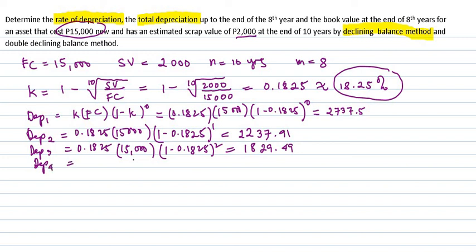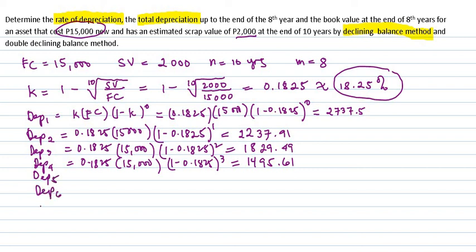And then the fourth year depreciation, so using the same process with depreciation 1, 2, 3, we have 0.1825 multiplied by 15,000, 1 minus 0.1825, and then this time the exponent is 3, so we have 1495.61. So fifth year depreciation, 6, 7, and then 8.